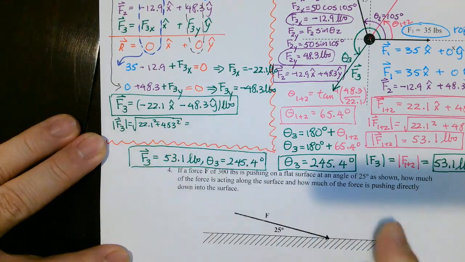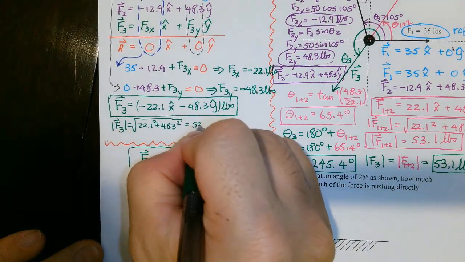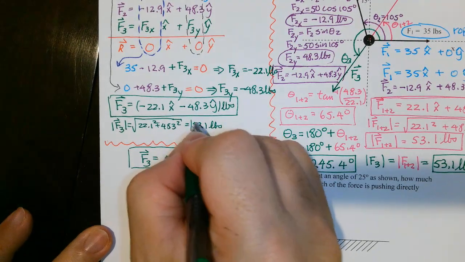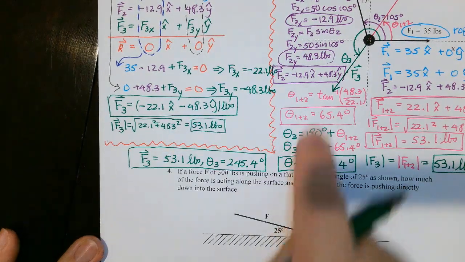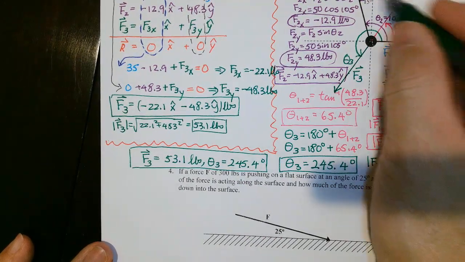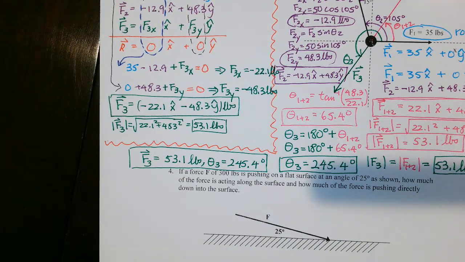And when you do that, you will get, again, 53.1 pounds. And of course, the angle, you already know how to do that already. You could find this beta and add 180 to it, and you should be able to get that angle. Any questions?